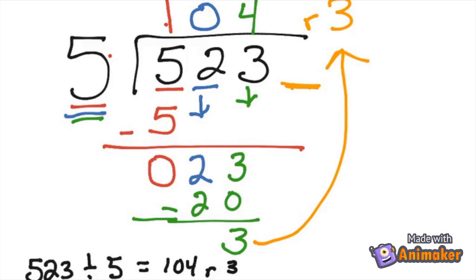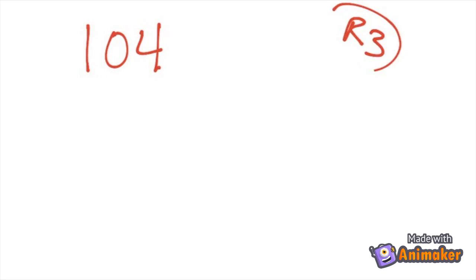Now, the next step to do is to verify that your information is correct. Just by solving it this way does not always necessarily mean that the answer is correct. So I'm going to take my 104 with a remainder of 3. I'm going to put my remainder of 3 over here, just where it's out of space.